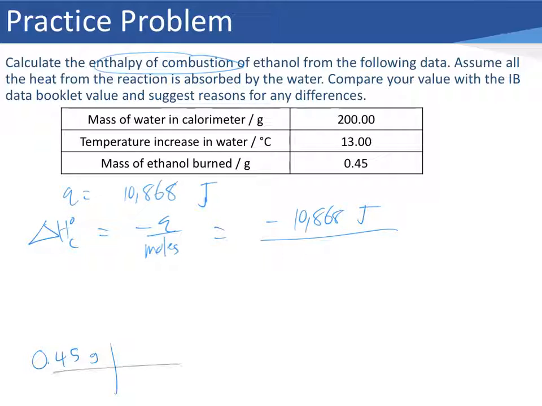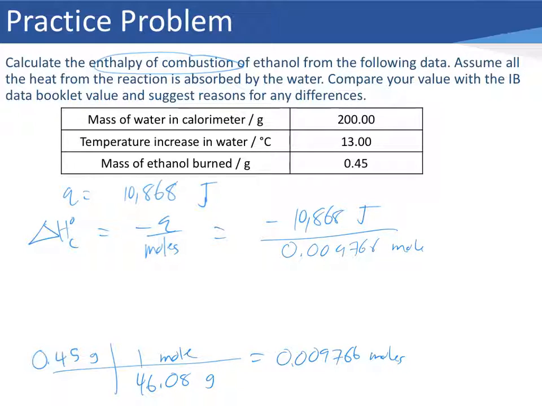So let's do a little bit of math here. 0.45 grams of ethanol. And I know that the molar mass of ethanol is 46.08 grams in 1 mole, and so 0.45 divided by that value is only 0.009766 moles of ethanol.